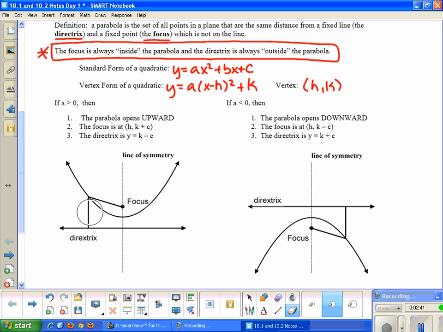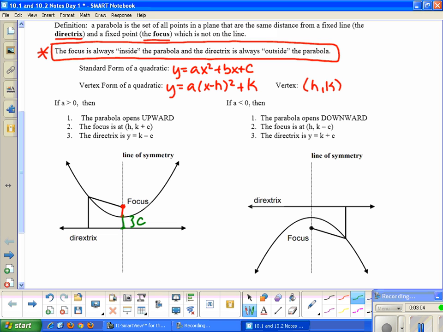Now I also know something else, that the distance from here to here is always going to be the same as the distance from here to here. That distance we actually call our C value. That's important because it helps us find many different things.